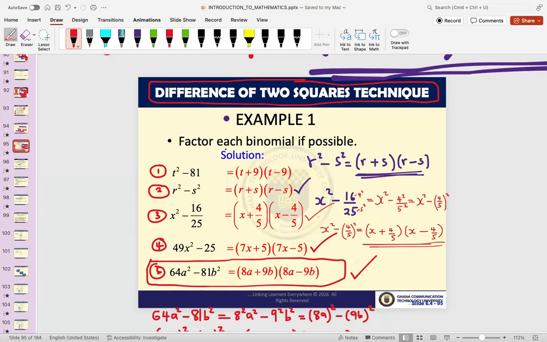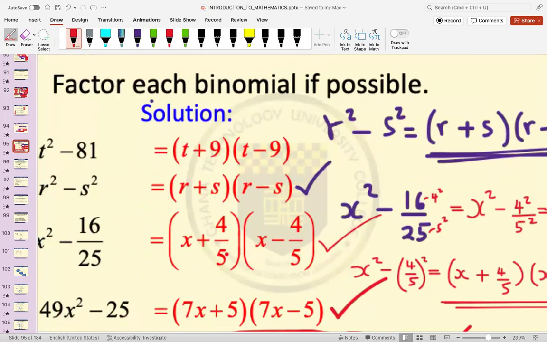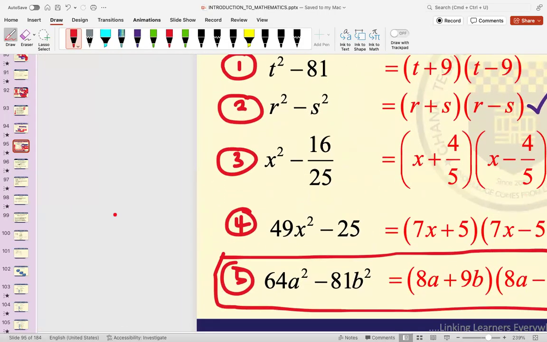Yes, it can. So in that case, if they give you negative 49x squared, then the next one will be positive 25. So they expect you to rearrange it, so that the negative will always have to be in the middle.